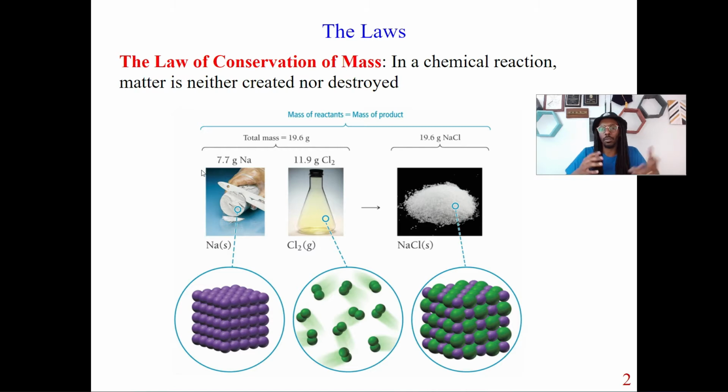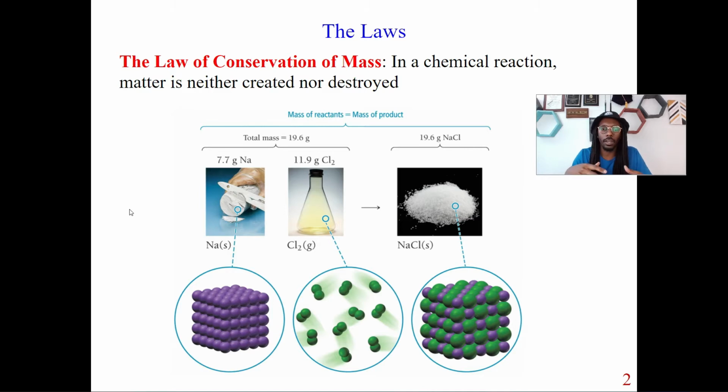This is the total mass of my reactants. Now let's look back to the law of conservation of mass. In a chemical reaction, matter is neither created nor destroyed. When we go to make our table salt, what do we see here? We have 19.6 grams of sodium chloride, the exact same mass as our reactants.